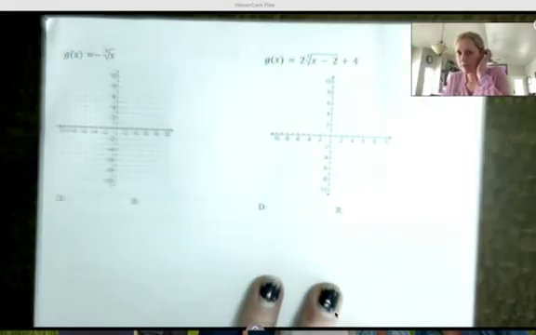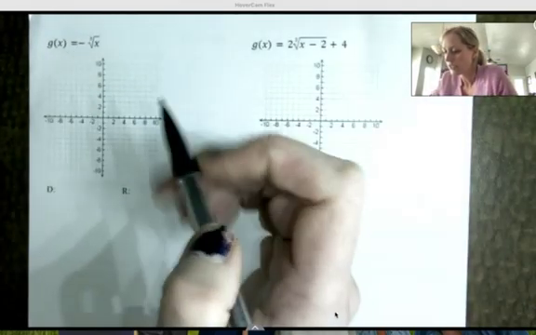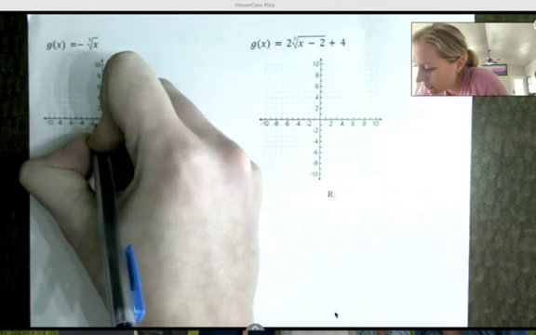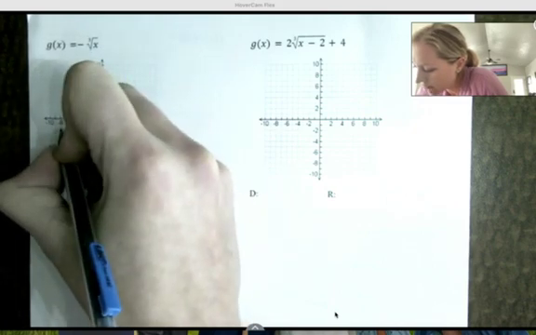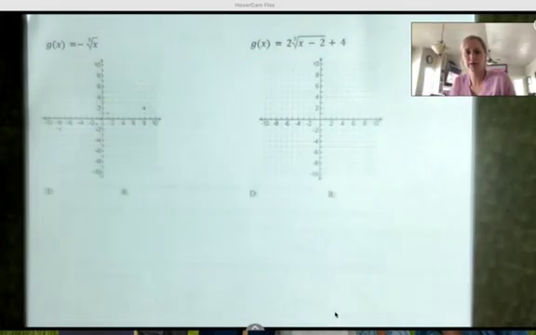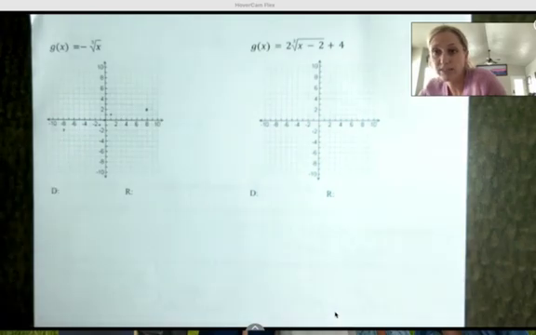Let's see. I think I might have a couple more here. Yep, 2 left. Cube root of x. This again is a reflection. So for the cube root, we initially had these guys, and then 8, -2 is my other big one. There's my parent function. This one is going to just reflect over the x-axis.